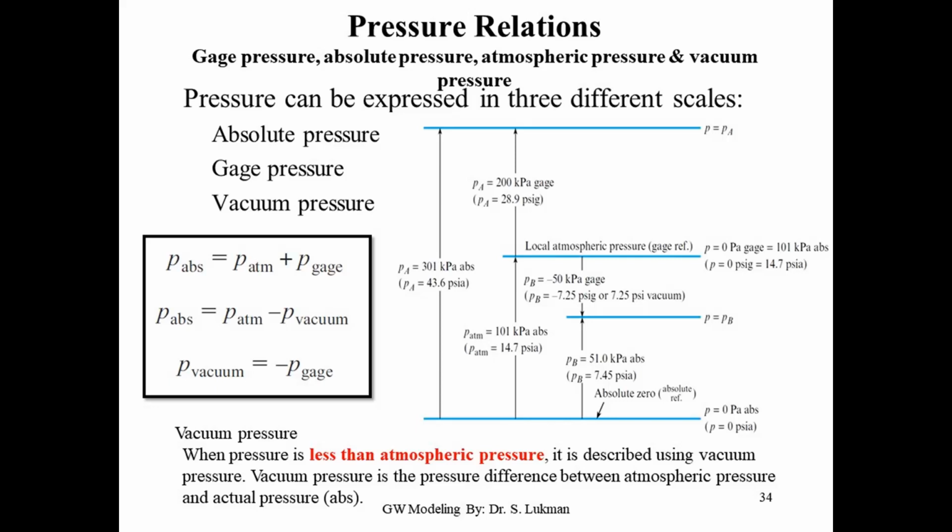It can be atmospheric. In that case, you don't have any gauge pressure; the gauge pressure is 0. It can be only gauge pressure, no atmospheric. It can be both. The pressure in your tire is gauge pressure, isn't it? But if you want to know the total pressure, which is the absolute pressure, the gauge pressure is the pressure above the atmospheric pressure.